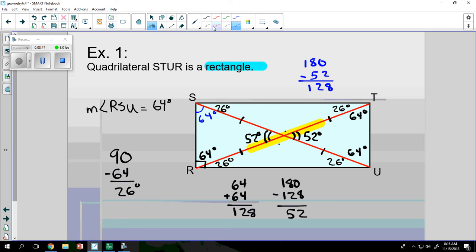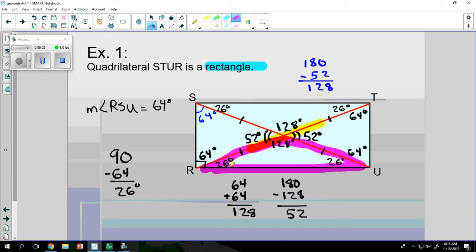So that would be what these last 2 would be. 128 and 128. We could have, if anybody was thinking about it, because we have another triangle down here on the bottom, we could have thought about using the 26 and the 26 to find 128. If you add 26 and 26, you'll still get that 52, so it ends up working out the exact same way. So at that point, we have found every missing angle in that rectangle.